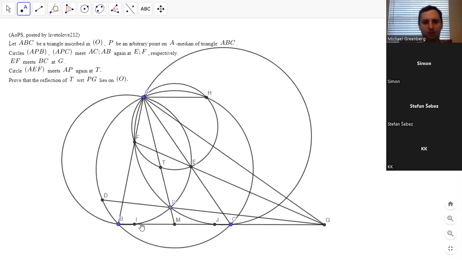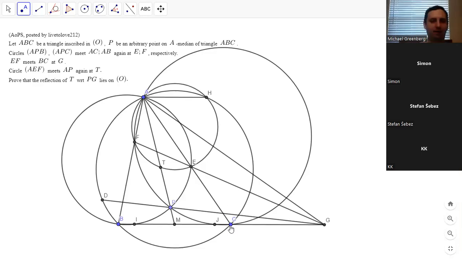So basically MI is equal to MJ. Okay. And now we do power of a point through C to APB. CI times CB is CE times CA. Oh, I see. Like that. Okay, so that shows that AH is parallel to BC.